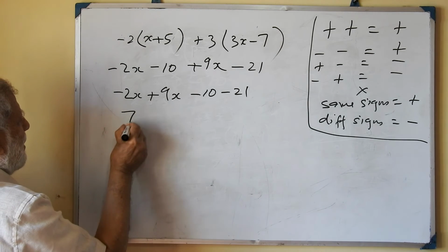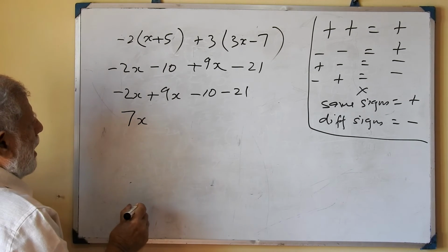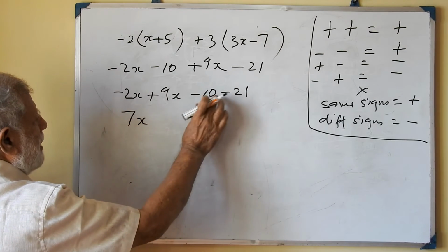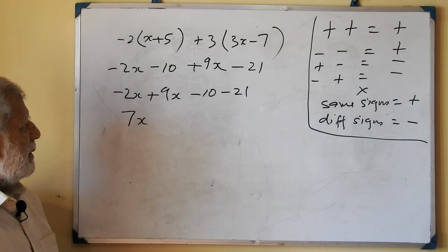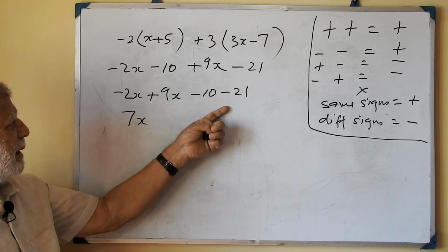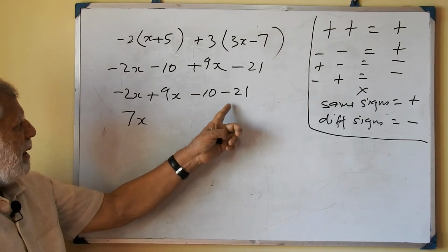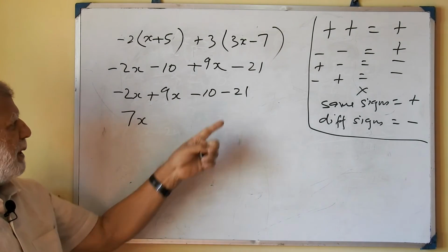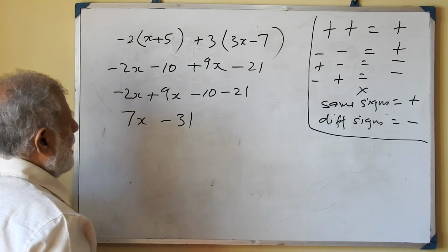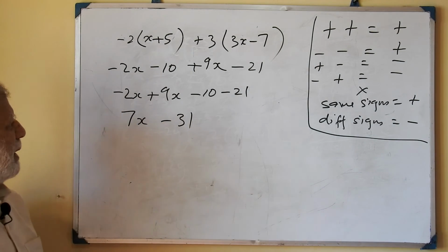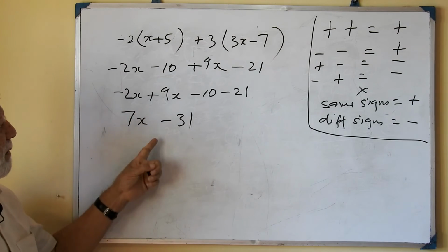So the answer is plus 7x. And here both minus and minus. A lot of children make mistakes over this because this is simplification, not multiplication. So minus and minus, when you add, it has to be all together. So minus 10 and minus 21, minus 31. So this is the answer for the children.